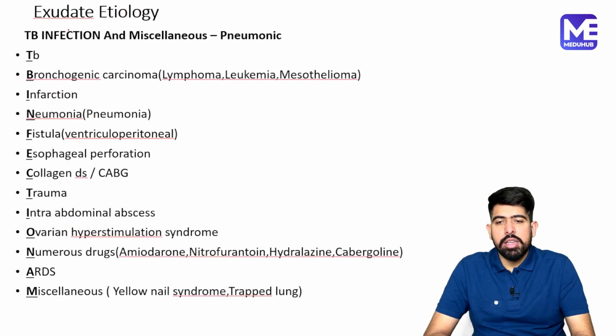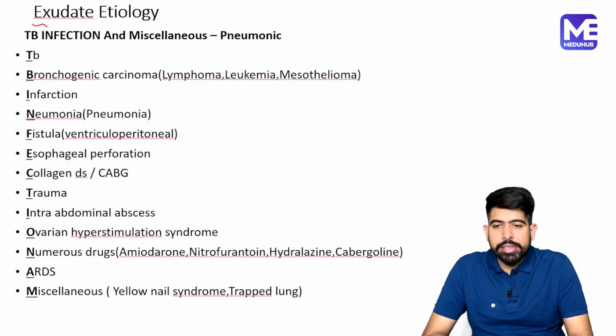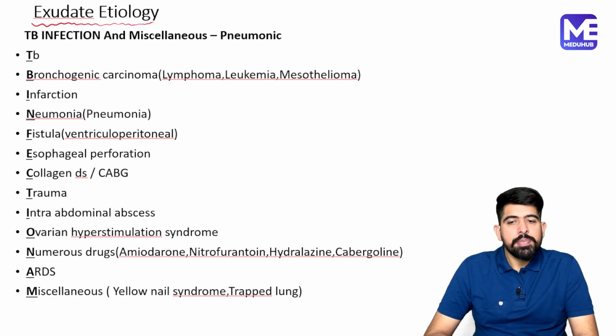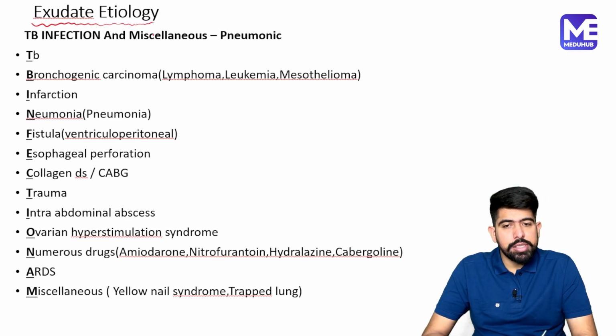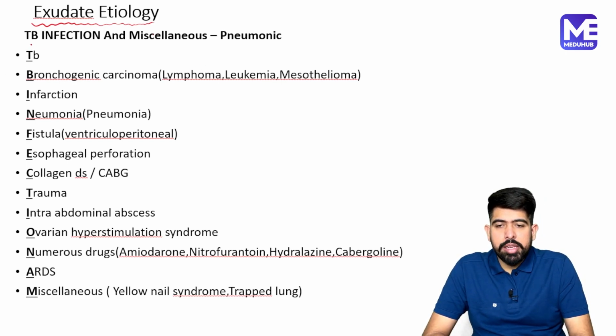Now we are moving further to the exudate etiology. What etiology can cause exudative pleural effusion? So for the mnemonic, we have TB infection and miscellaneous. Please remember, this is the mnemonic, right?